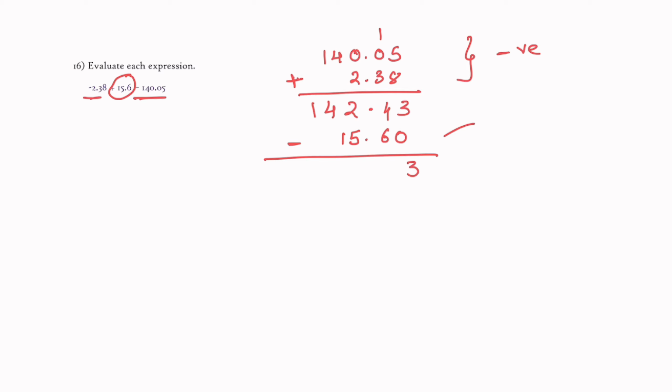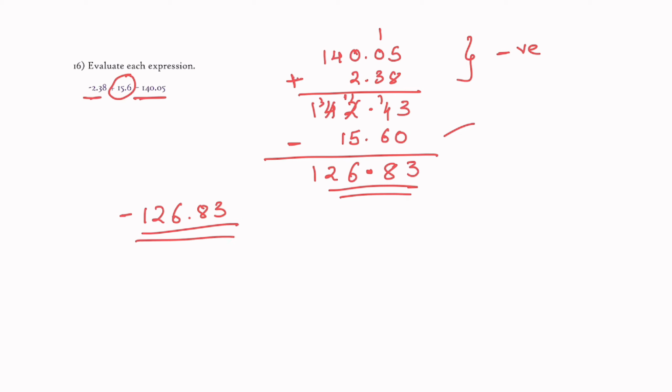So that's 3. This cannot be done, so let's borrow. 14 minus 6 is 8. Decimal here. That's 1 minus 5 can't be done. 3 here, 1. 11 minus 5 is 6. That's 2 and 1. Final answer is 126.83. And remember, the bigger number was a negative one. So the answer is this.